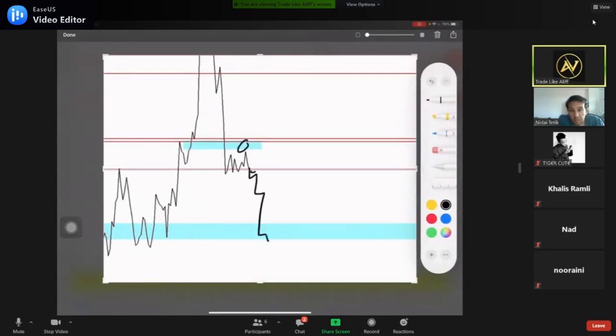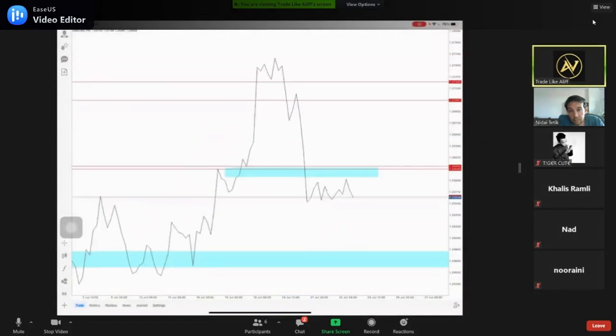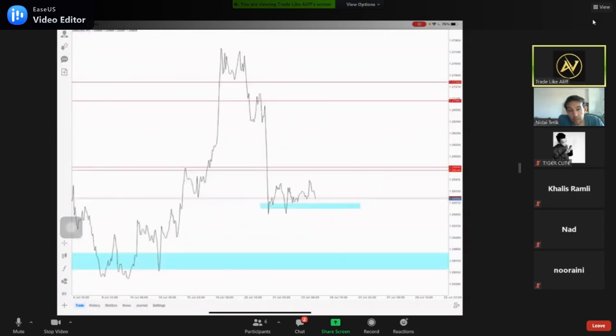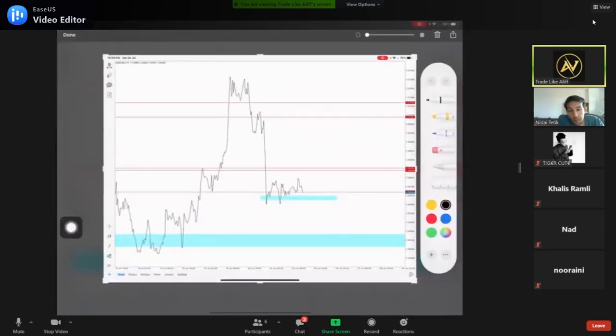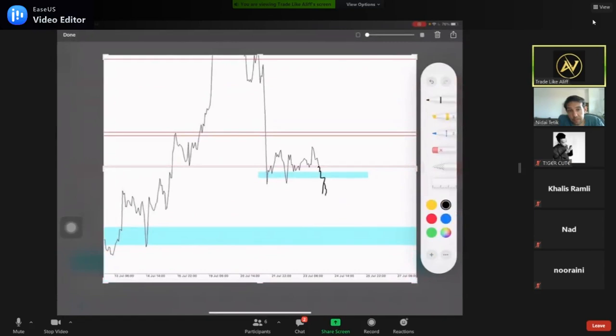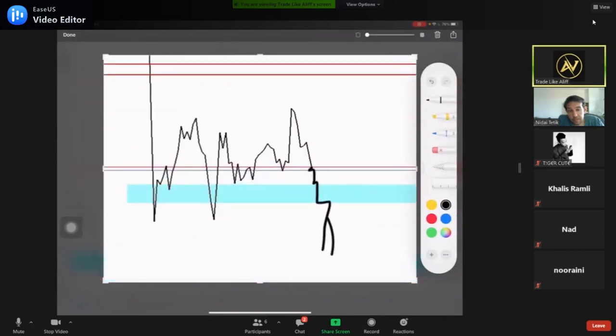Yeah. So let's say next week we have another breakout. Let's say this support breaks out, but we have to wait for the breakout to happen. Okay, let's say next week support is broken. You wait for the price here, and where's the big movement?